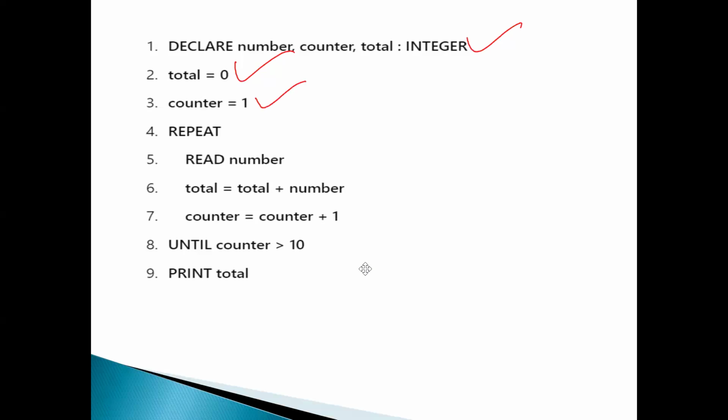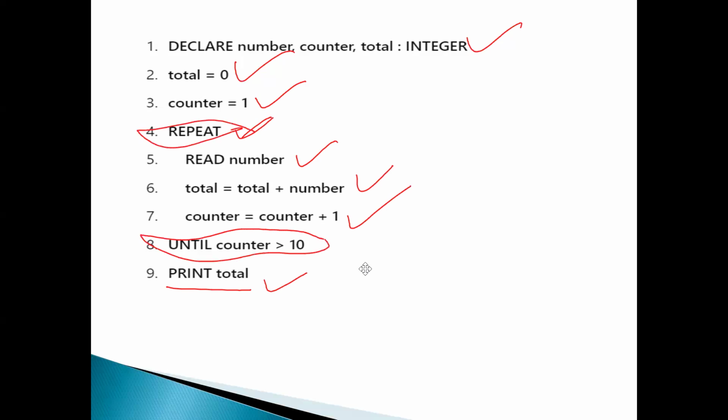Instead of writing while, you will write repeat. This line is the same. Here you will put the condition: until counter greater than 10. And while is discarded. Change is here. The rest of the lines are the same.